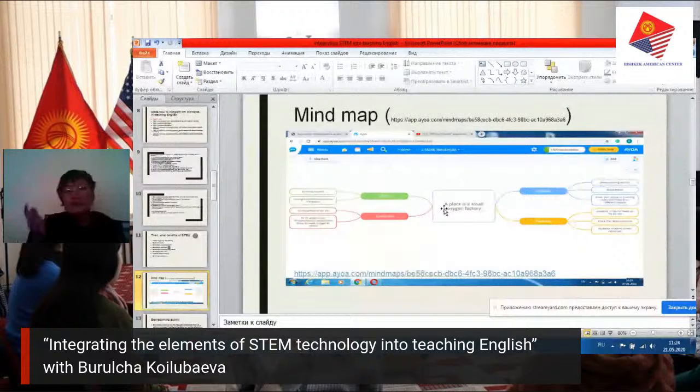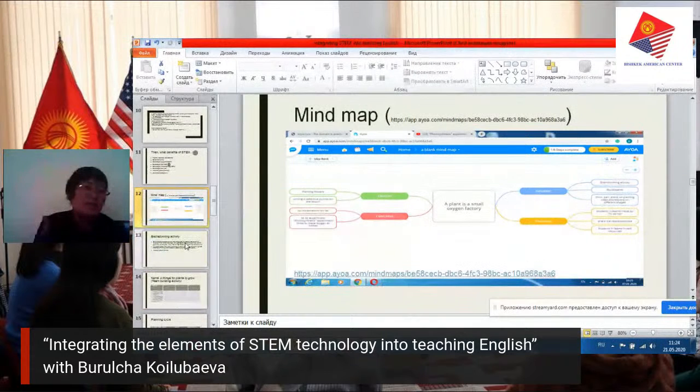When I was building this mind map, a teacher from Uzbekistan, who was really very knowledgeable about this, helped me to design it. Luckily, I was sitting next to him, and all the time he stretched his hand to help.